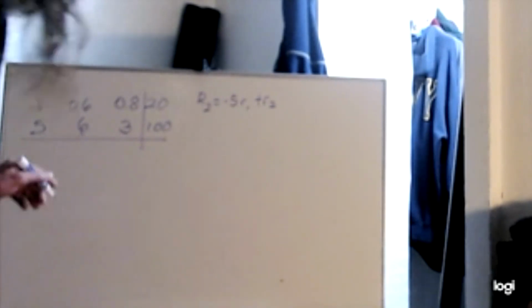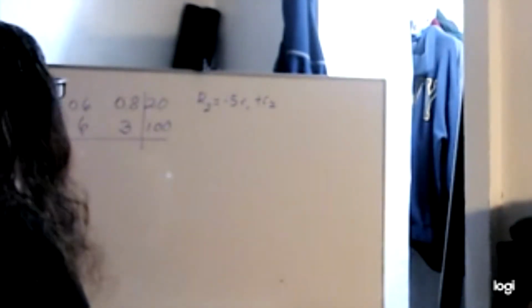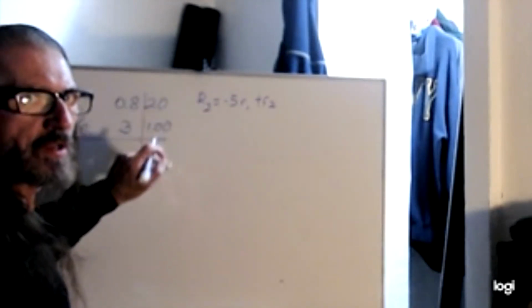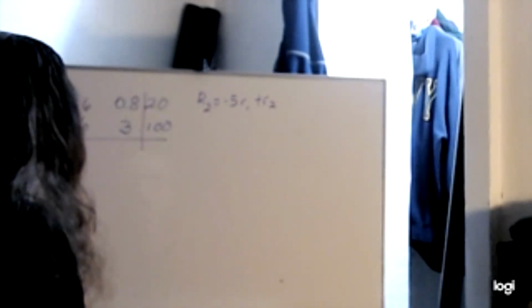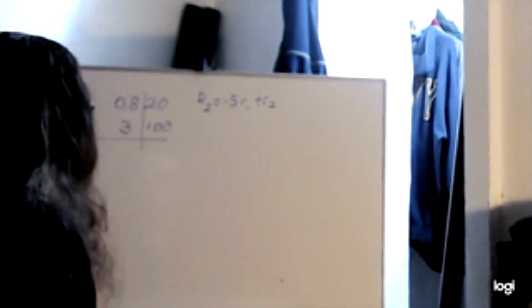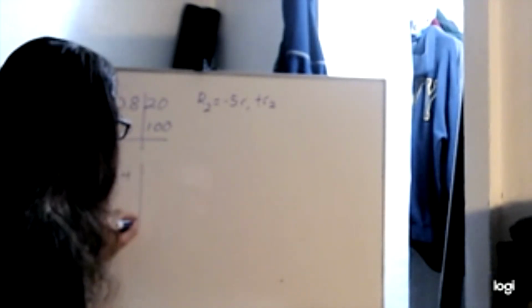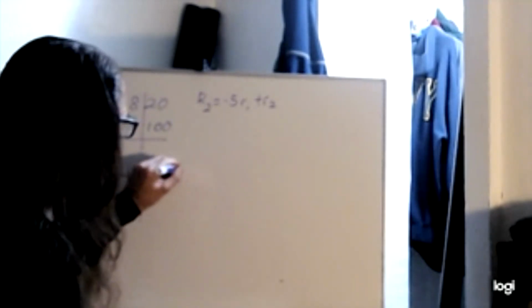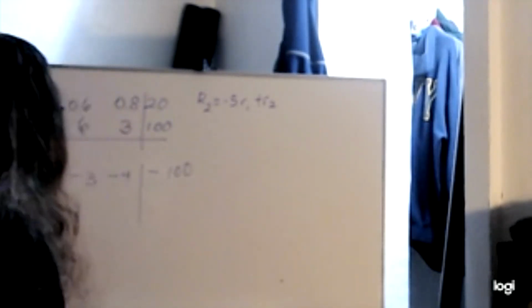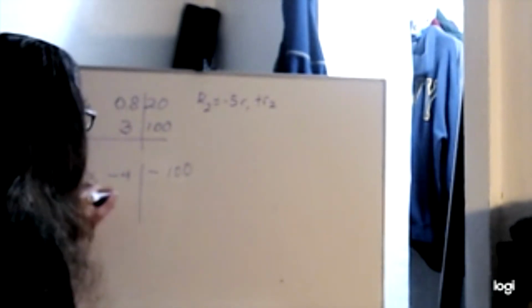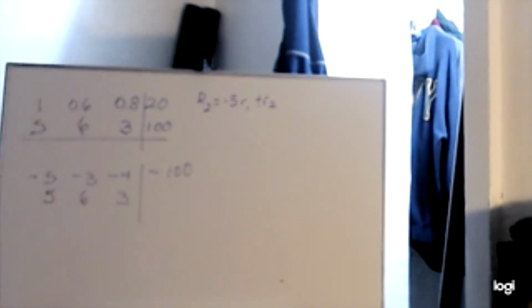So I have to multiply everything in row 1 by -5 and add it to row 2.